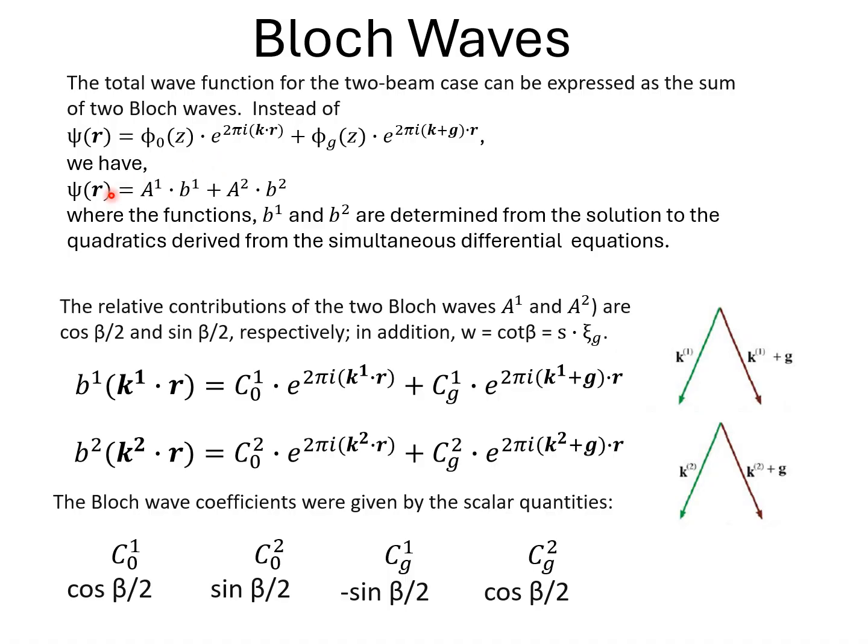Bloch wave 1 is some combination of these diffracting conditions. Bloch wave 2 is given by that. So these are the solutions to the differential equations which were put together in order to fit the observations.